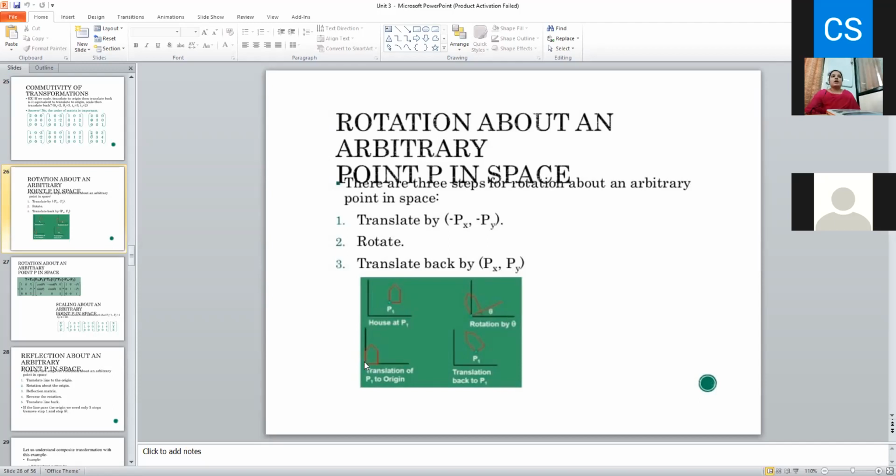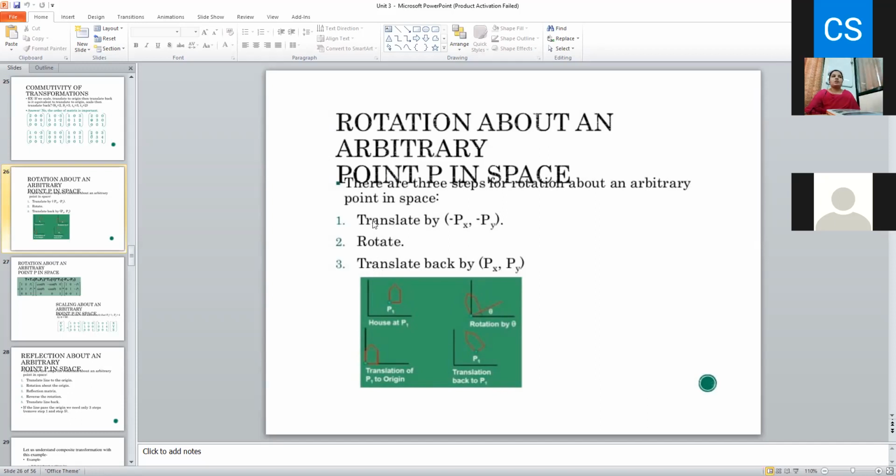Once it is coincident on the origin, carry out the rotation. Then that rotated figure you have to translate back to its original position. This way, we follow these steps to get rotation about an arbitrary point.